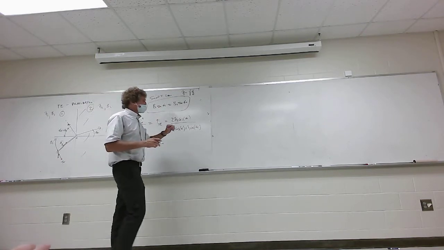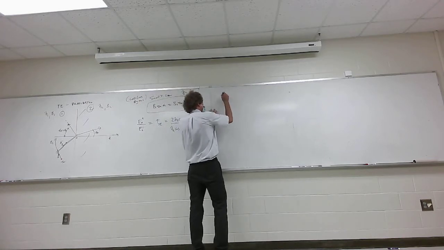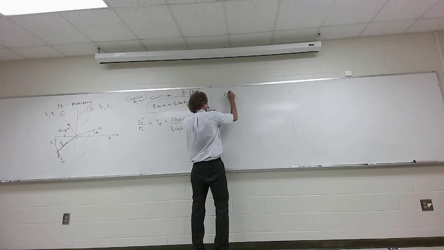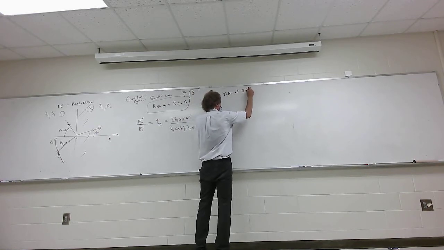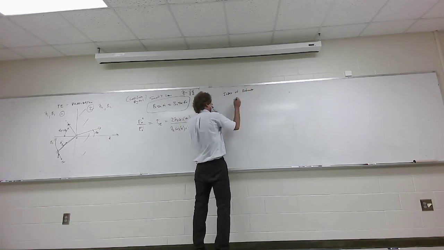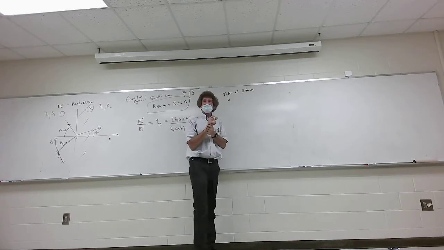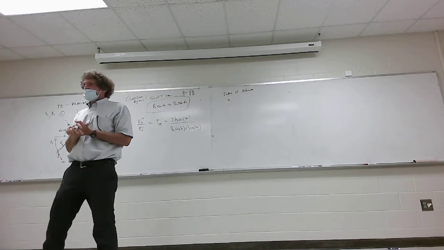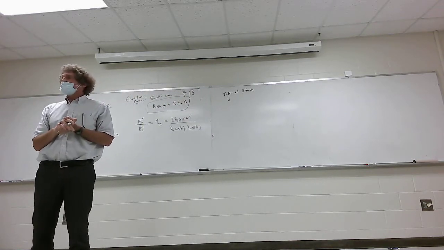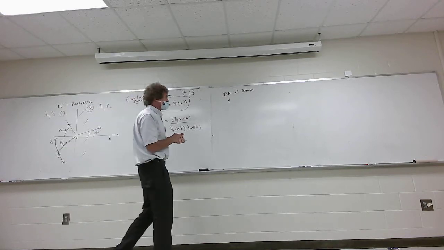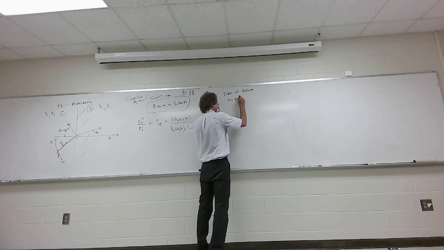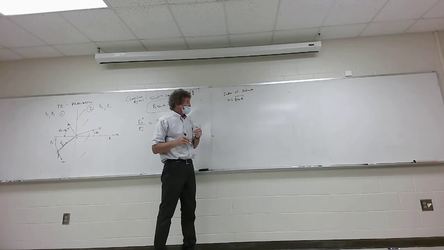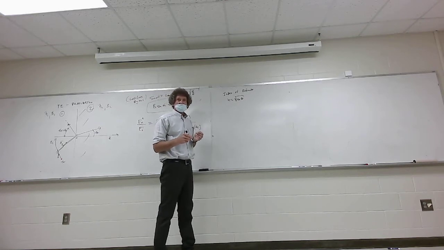When we talk about an index of refraction, the symbol is N. Well, that looks a lot like my eta, doesn't it? But N is the index of refraction. Technically, it's equal to the square root of mu relative epsilon relative. That's the technical definition for the index of refraction in the region.